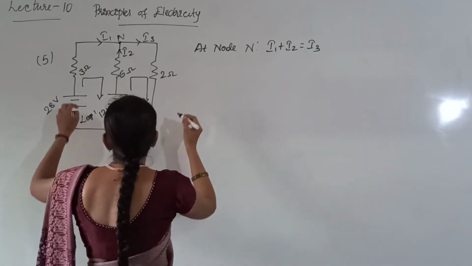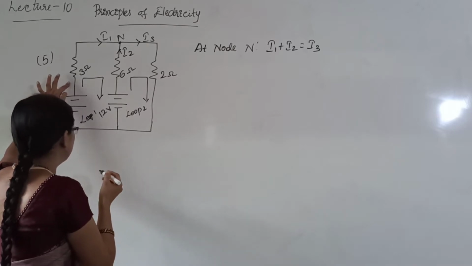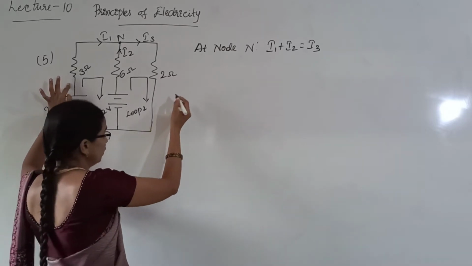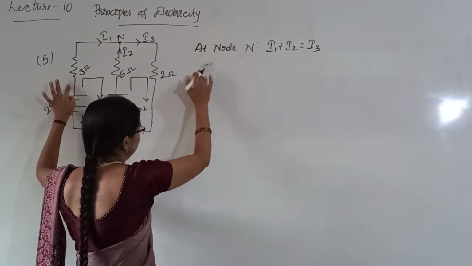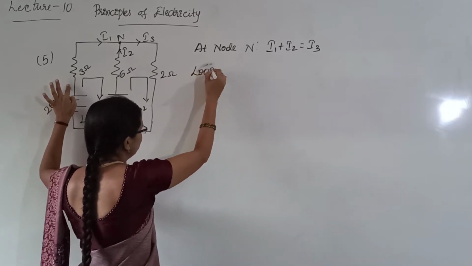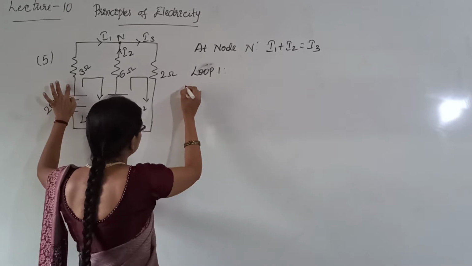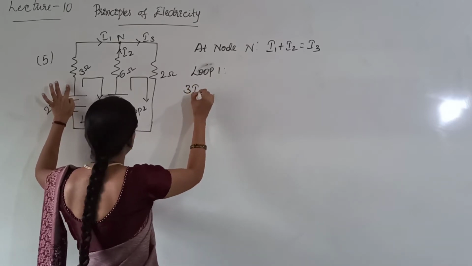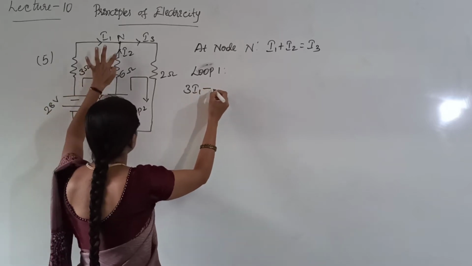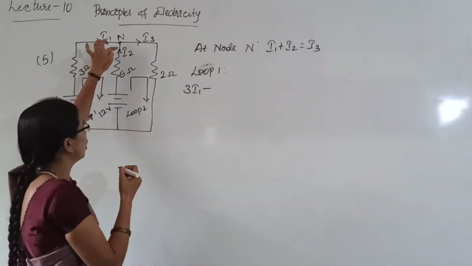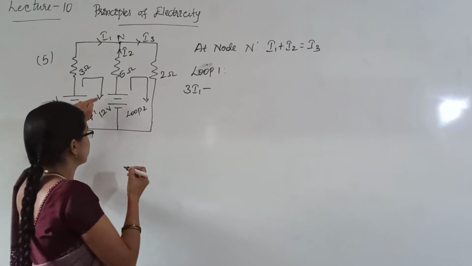In loop 1, if I start from this point, here also I1 is only flowing, 3I1. Apply KVL to loop 1, 3I1 plus minus, because I2 is in the opposite direction of our analysis direction.